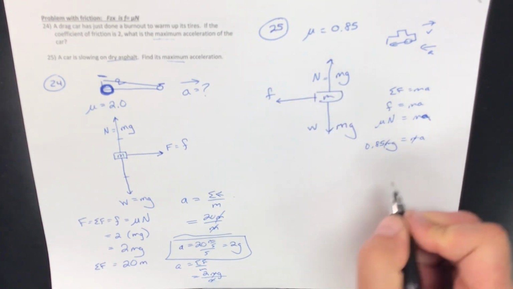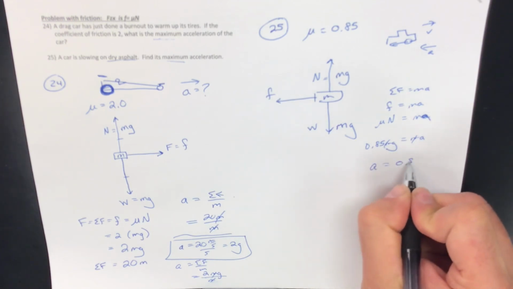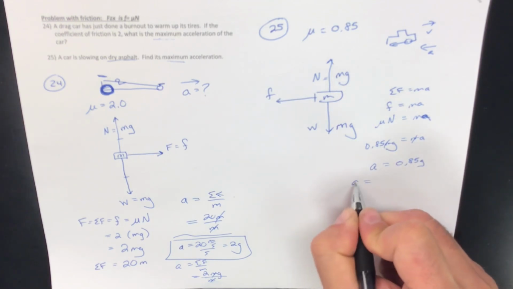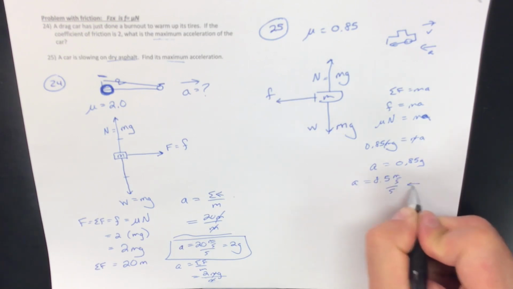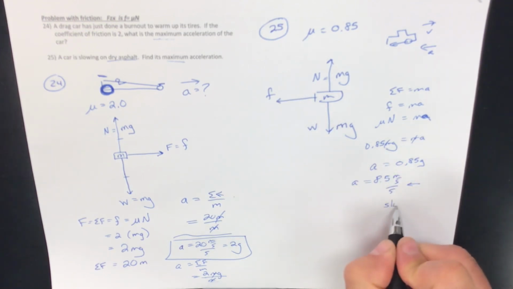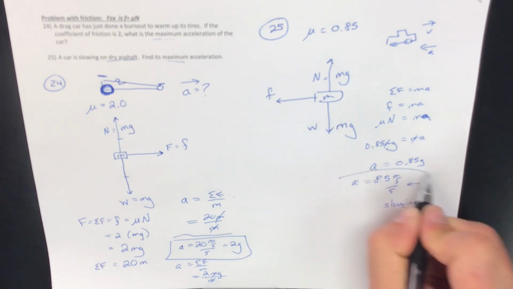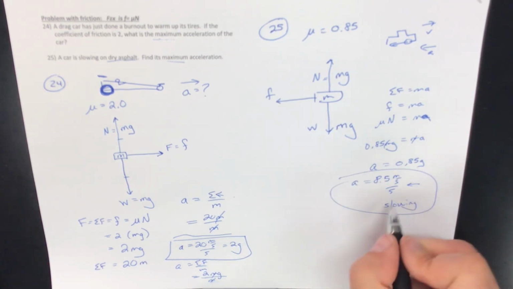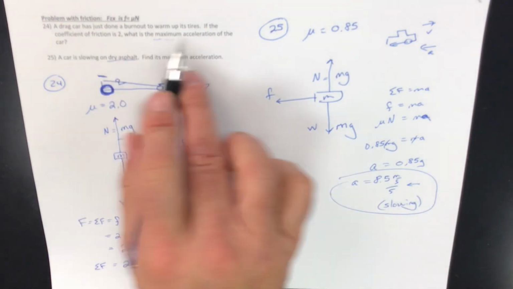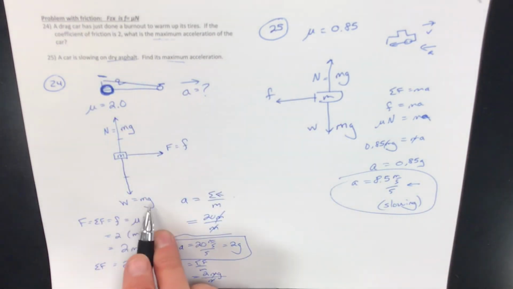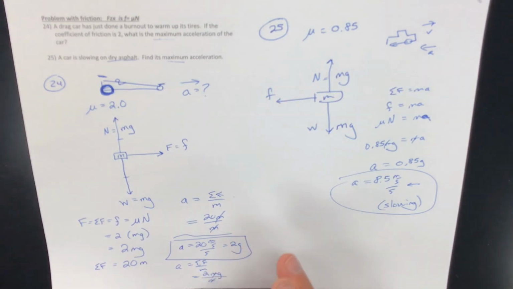So a is equal to 0.85 g, which is 8.5 meters per second every second backward, slowing at 8.5 meters per second every second. That's how it works. If I don't have any information, just W equals mg. Set it up that way.